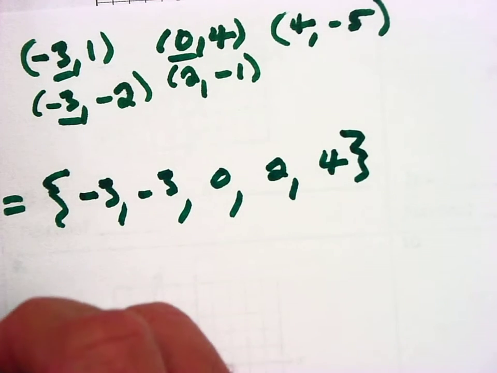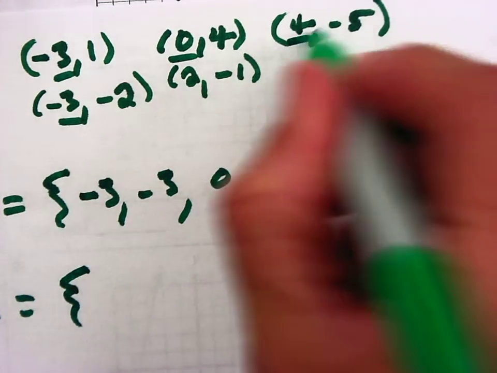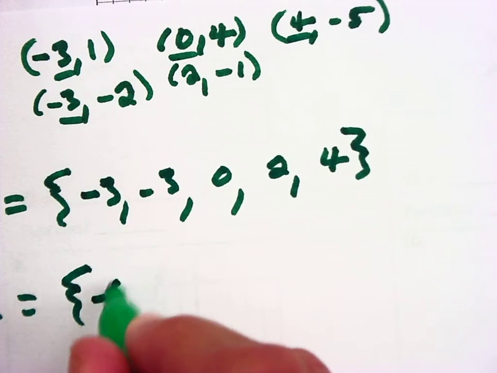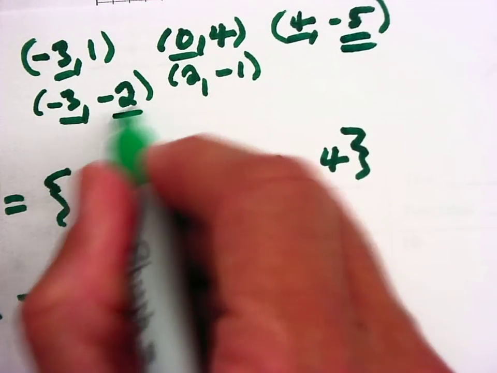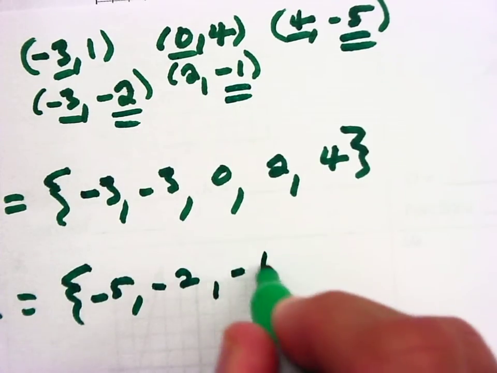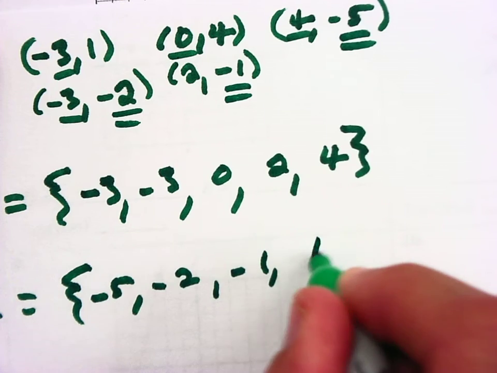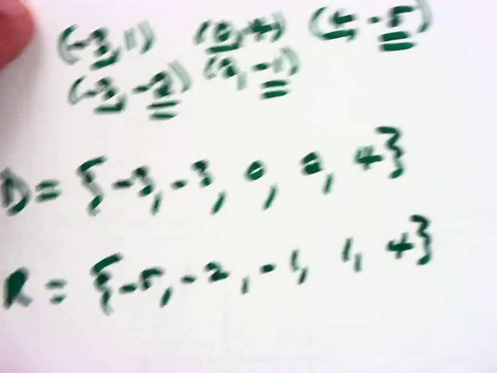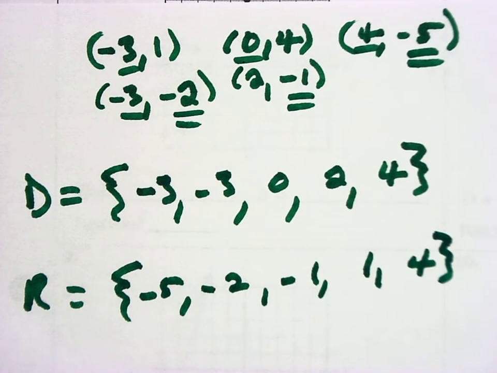Okay, for the range, I'm just going to name all the y values, okay? All right, y values, the smallest one I see is -5. After -5, I see -2, then I see -1, then I see 1 and 4. Okay, take a look. Domain is all the x's, range is all the y's. All right, and then is it a function?